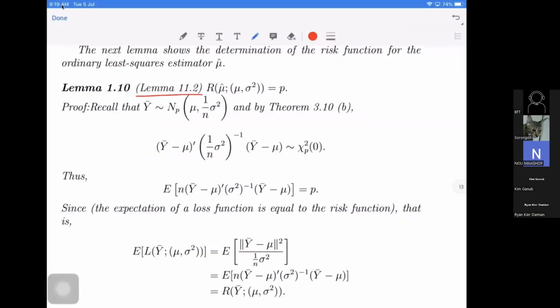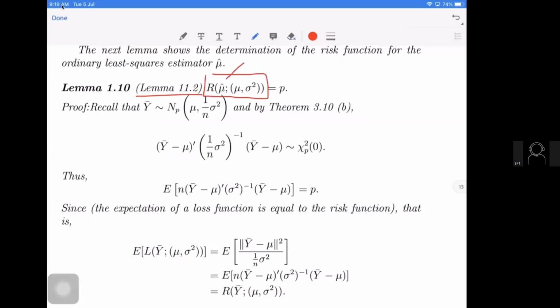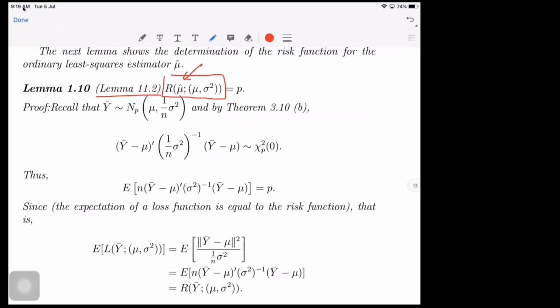Lemma 11.2 talks about the risk, or the expected loss, associated with using mu hat as your estimator, and it is equal to p, which is the dimension of your space. Recall that Y bar is the one we are going to use. Y bar is normally distributed with a mean mu and a variance of 1 over n sigma squared.